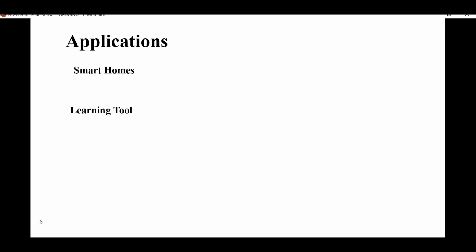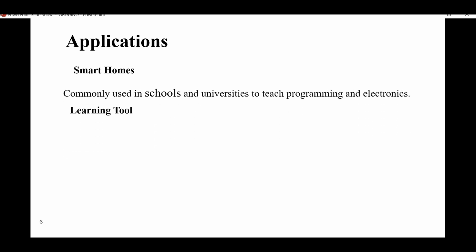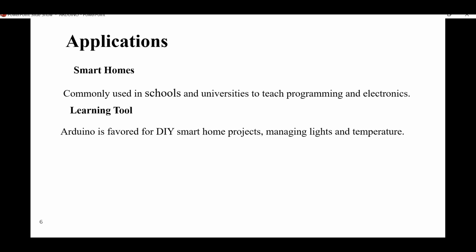And some project examples. Smart homes. For smart homes, we are using them in school and college projects. And in the learning tool, we have some home projects for managing light or temperature. Light projects are also school projects, used in the science fair.